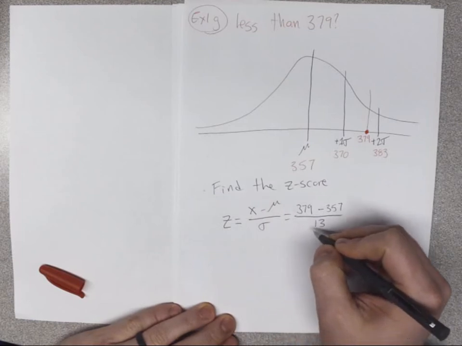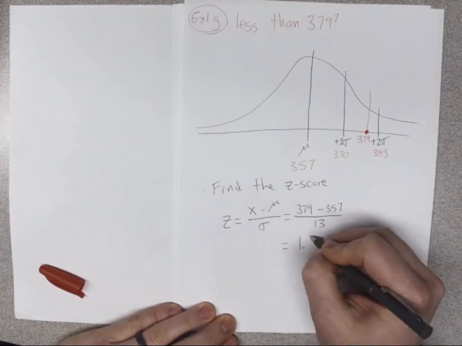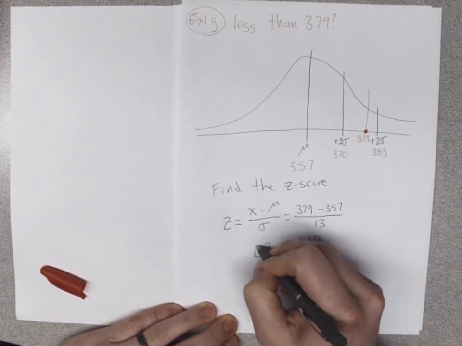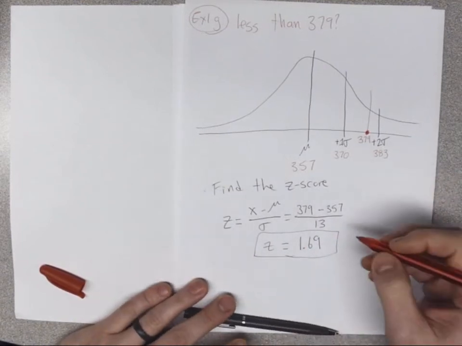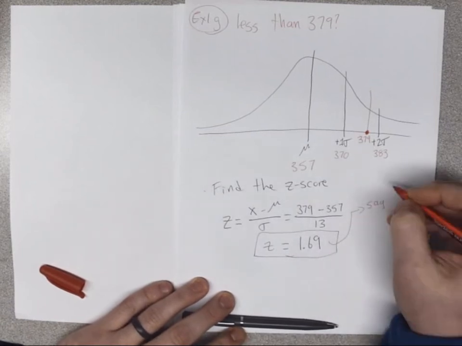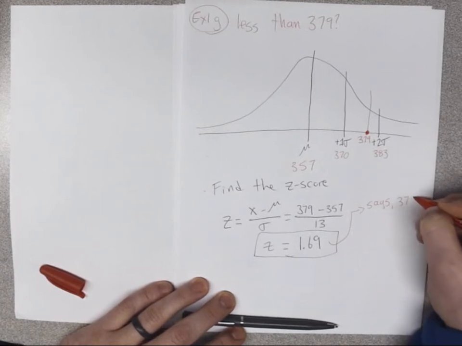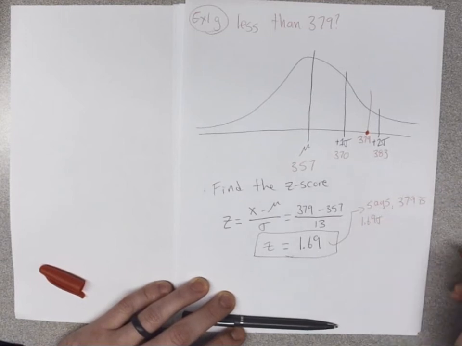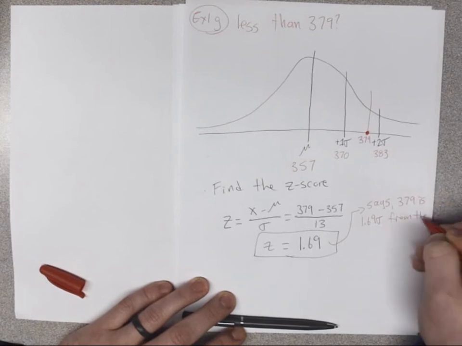All right, so this is equal to 1.69. So if we're looking for z, that means it's 1.69. This says 379 is 1.69 standard deviations, so 1.69 sigma, from the mean.